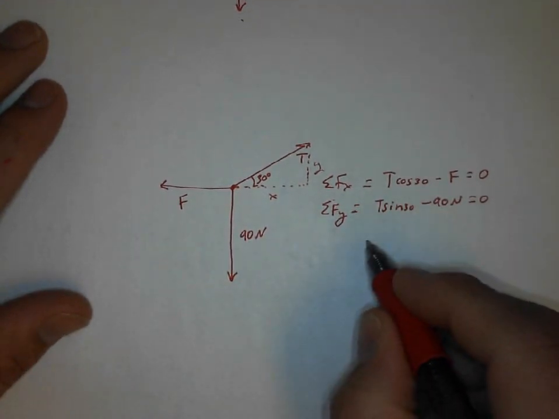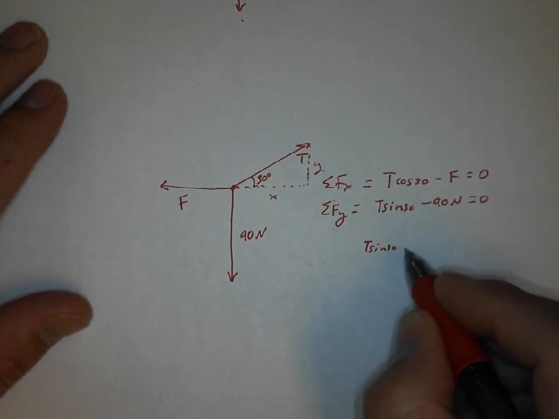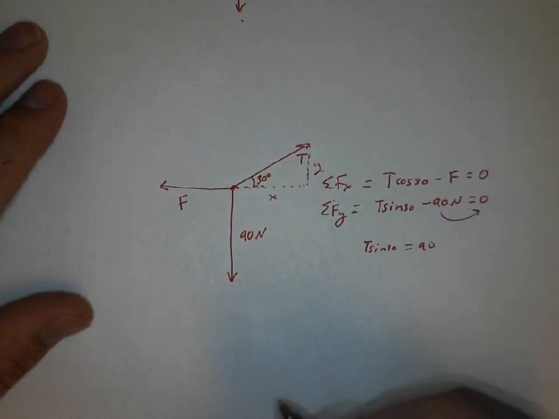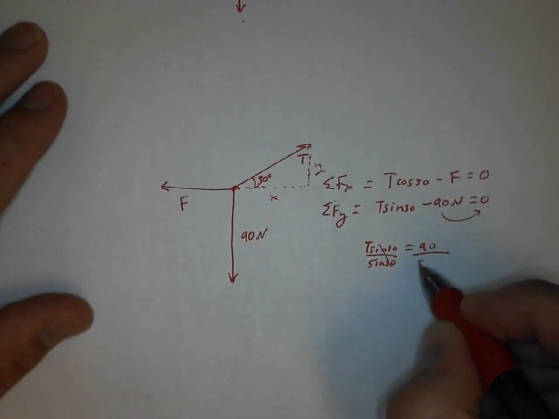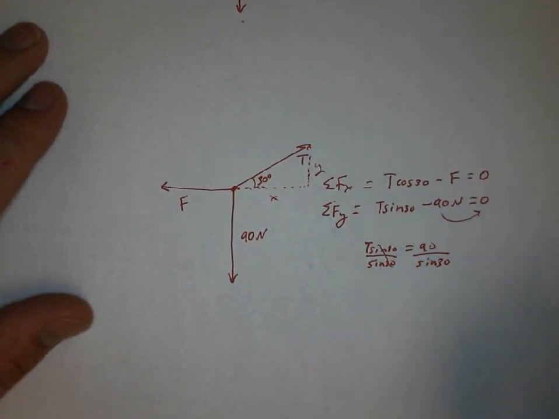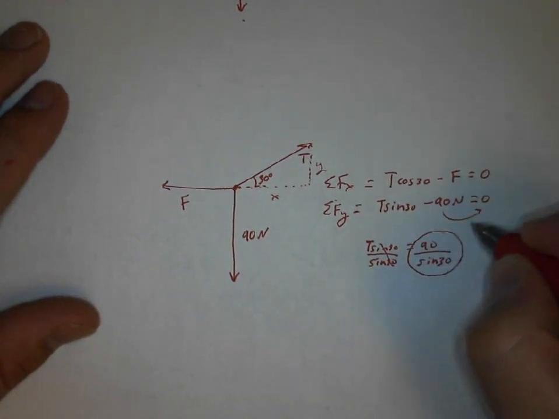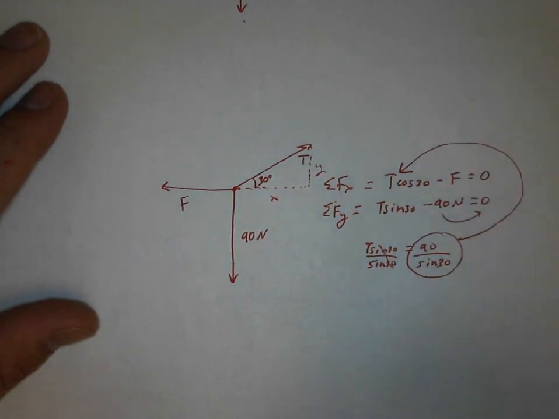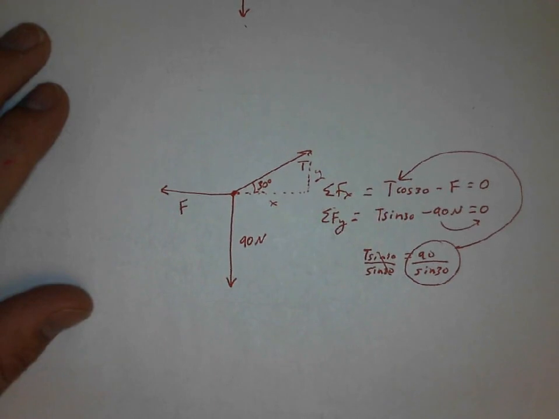So we solve for T by going T sine 30 is equal to 90. Take that 90 to the other side, and then we divide by sine 30 to get rid of that sine 30. So that's our T. Then you take that 90 divided by sine 30 and plug it in right there.